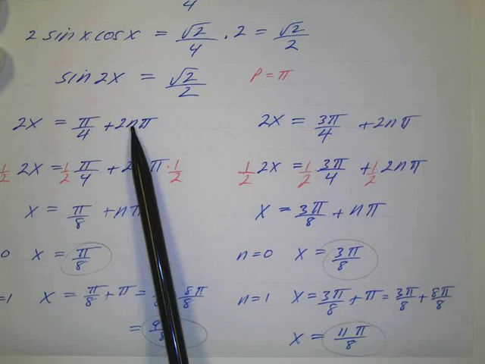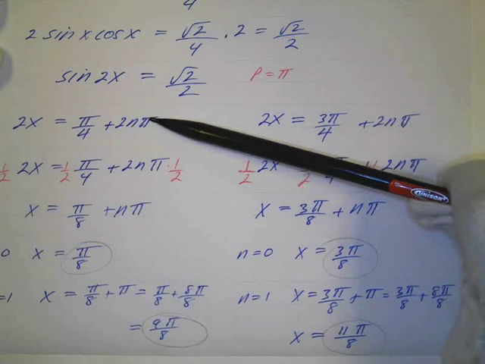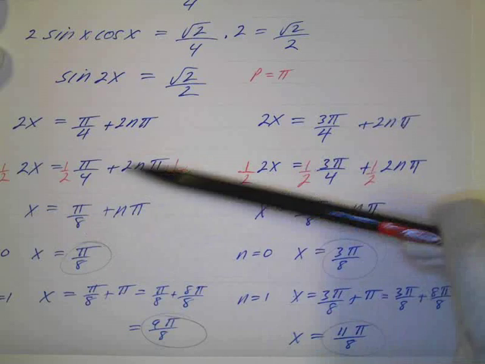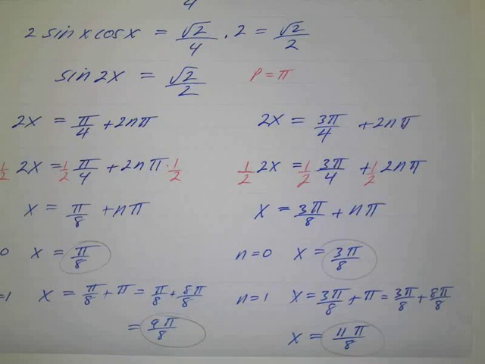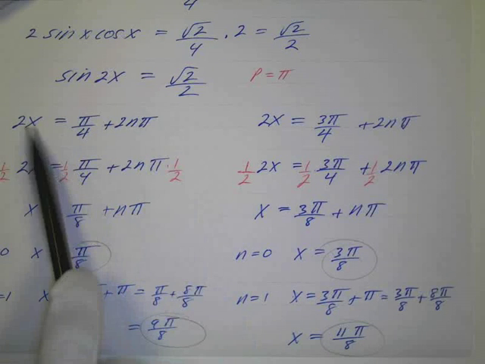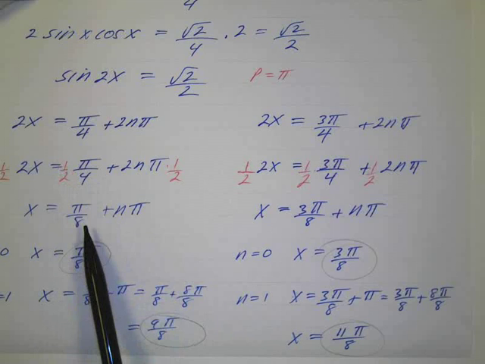And when n is equal to 0, that becomes 2 times 0, which is 0 times pi, which is 0. Notice what happened: I kind of skipped a step, sorry. I've got this, and I want to find out what x is, so I multiply by 1/2. That gives me just x.